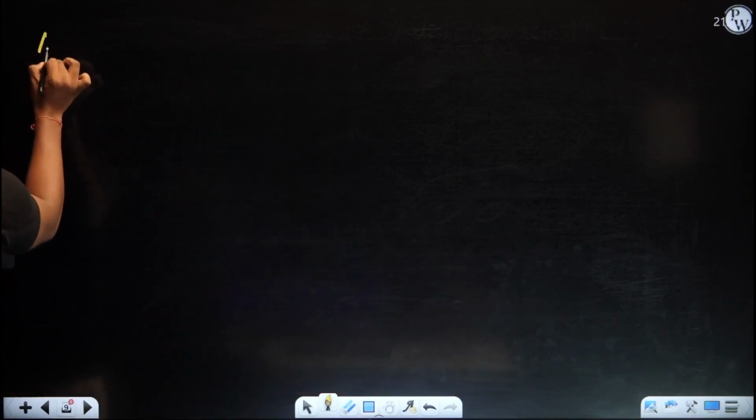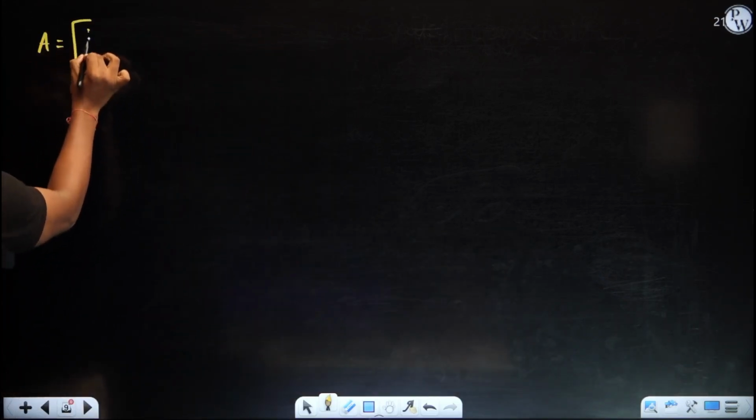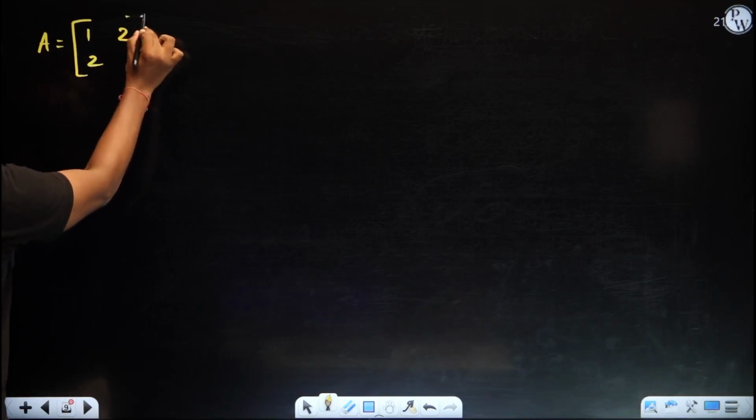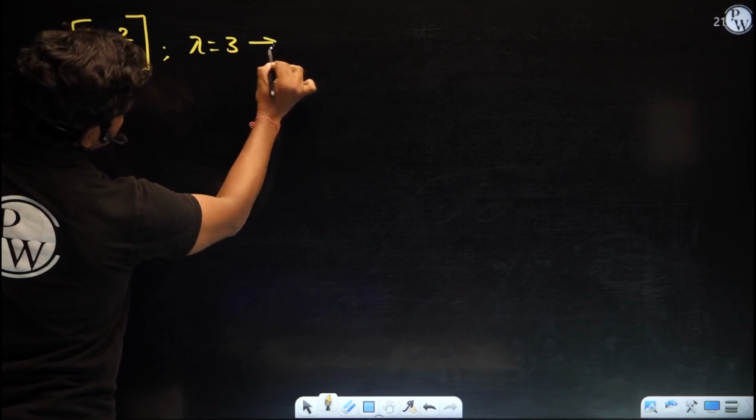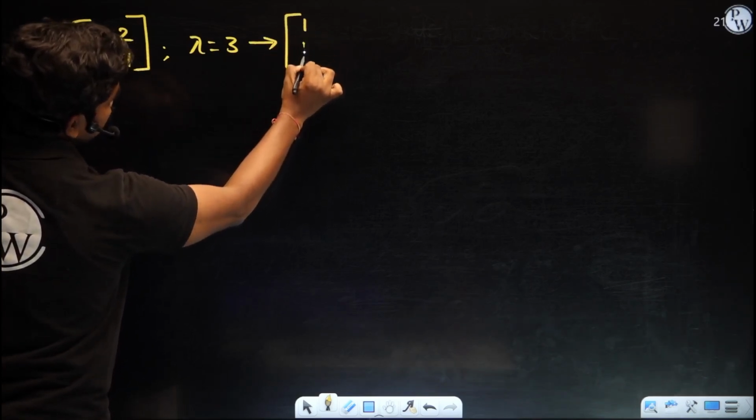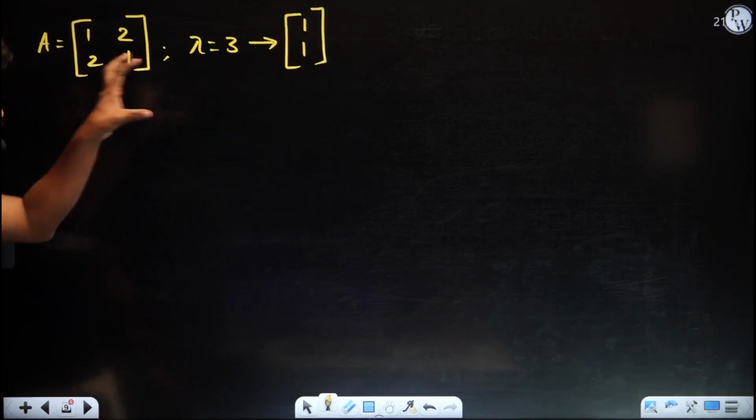First, you have the matrix which is 1, 2, 2, 1. Then you got one eigenvalue lambda 3, and corresponding to this eigenvalue you got one eigenvector 1, 1. So what is the meaning of these 3 things?